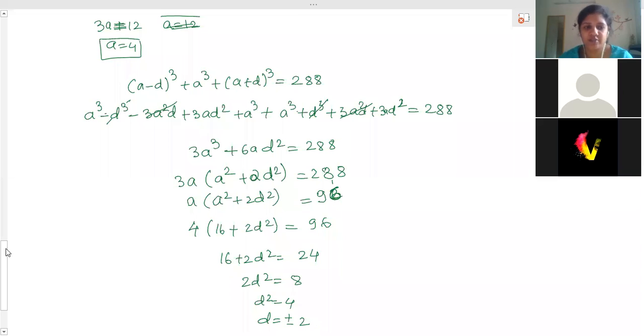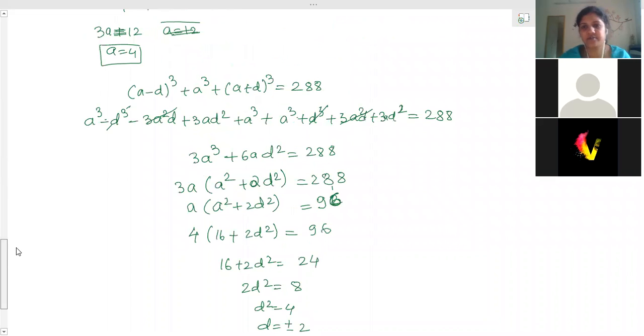There is one question which is somewhat trickier. Ma'am, is it 246? Yes, right, 246 or 642.